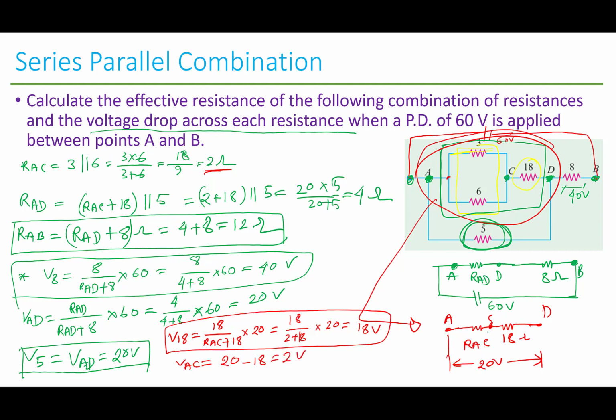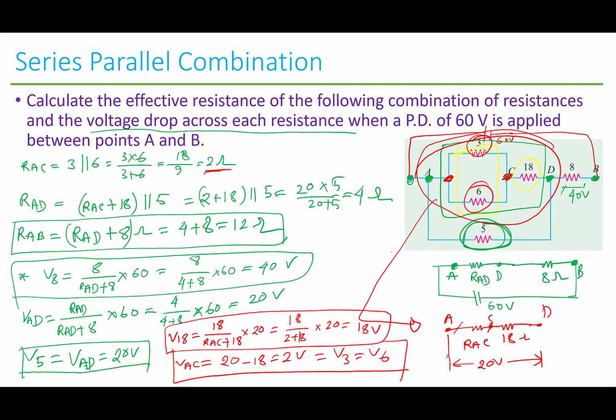This VAC is applied across the 3 ohm and 6 ohm, so V3 equals V6. Now we know all the voltages.